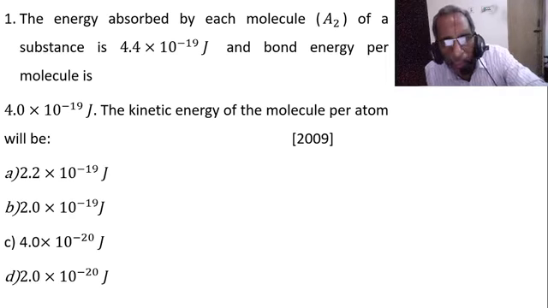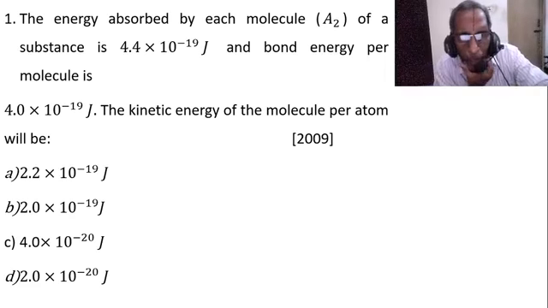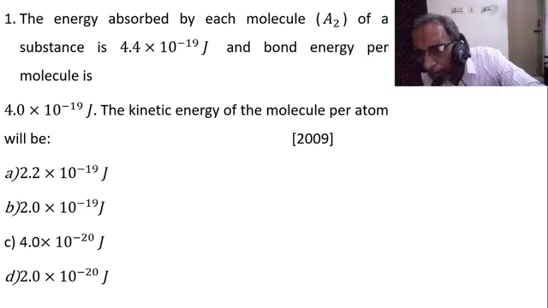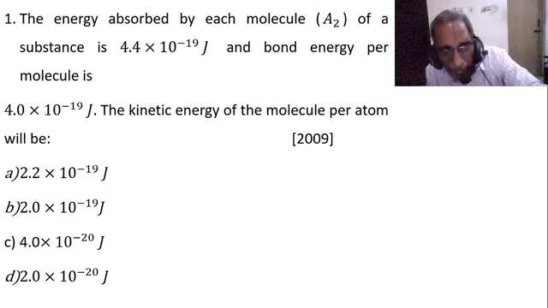The energy absorbed by each molecule A2 of a substance is 4.4 into 10 power minus 19 joule.